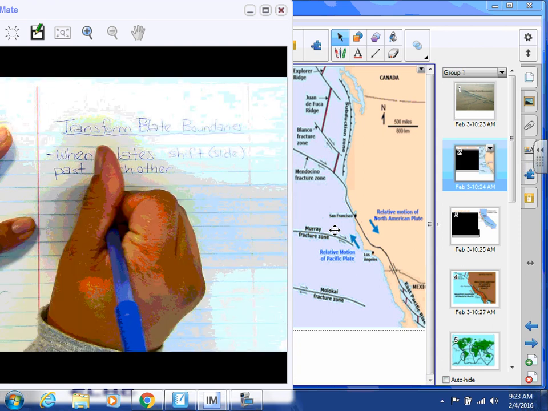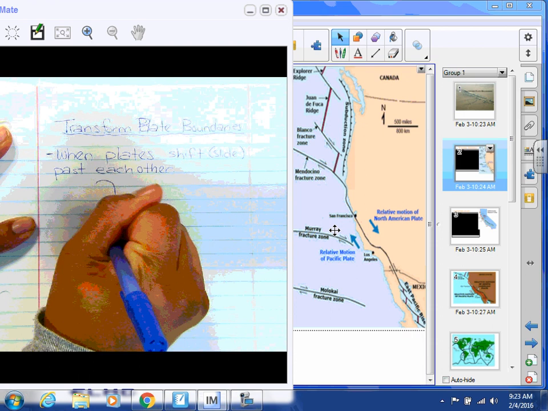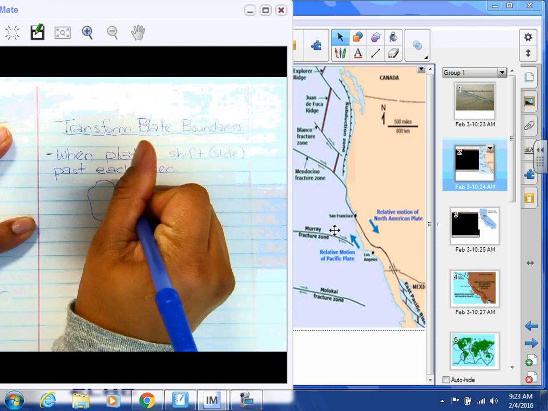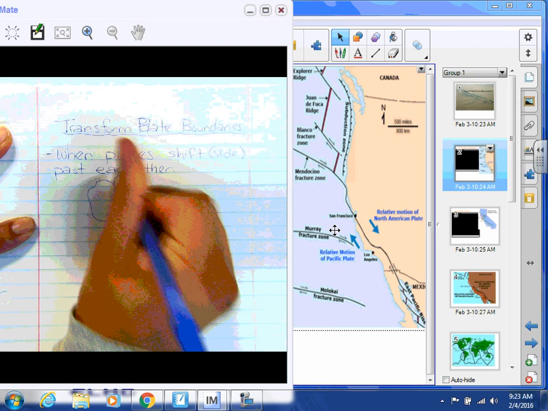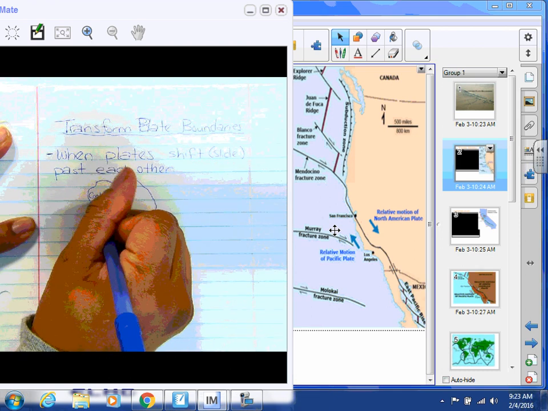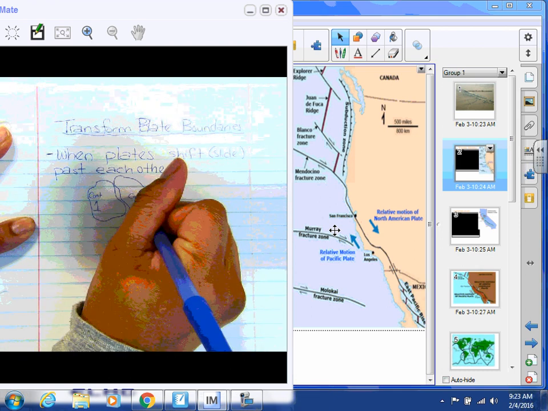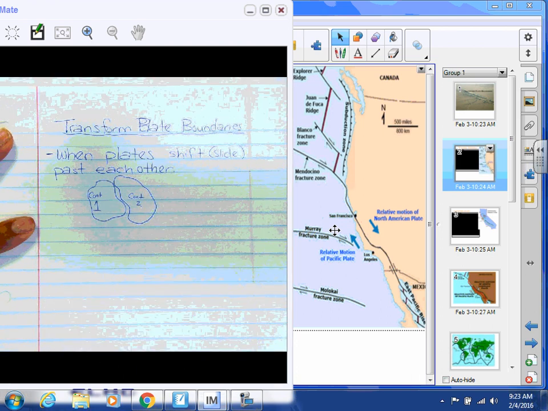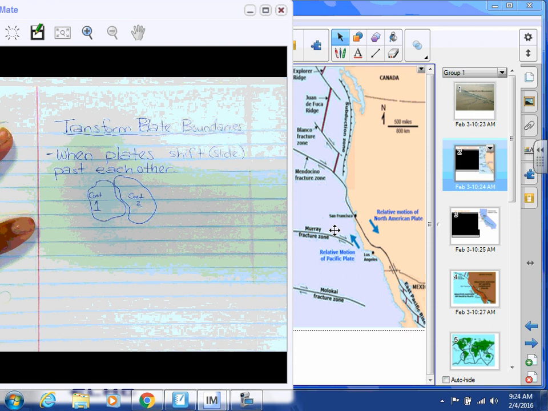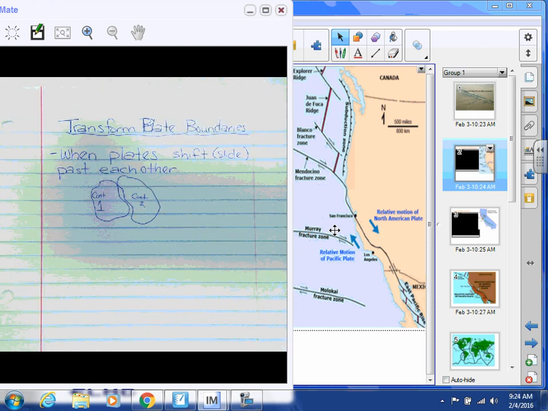So if I was drawing a continent, and obviously this is not a real continent, but if it were, we'll label it continent 1 and continent 2, because that's what I would name my continents if I created continents, because it would just be easier to identify them, right?